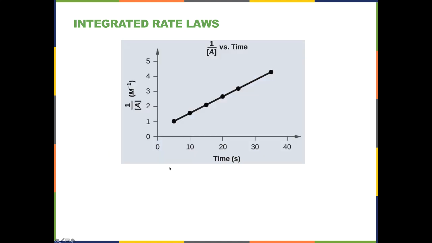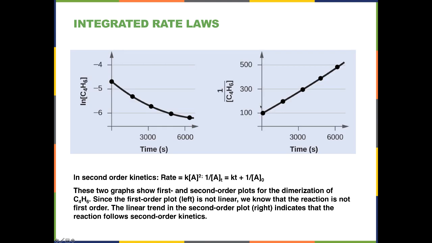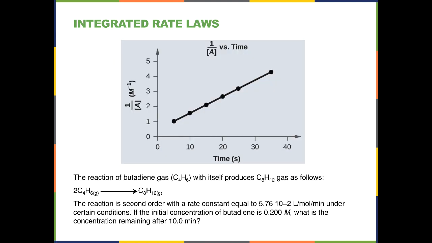So if you plot 1 over the concentration versus time and you get a linear plot, you know that it's a second order reaction. This is the plot for butadiene dimerization to form octene, and you can see that it's a linear second order plot.